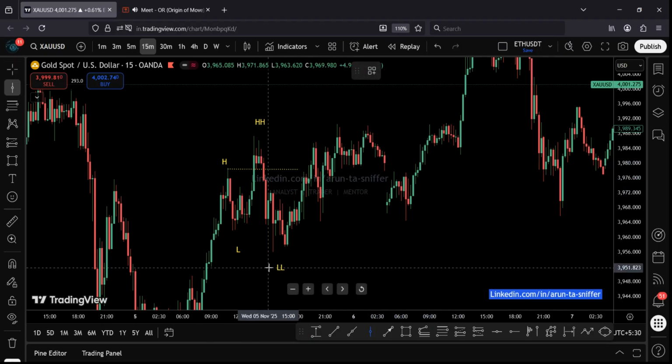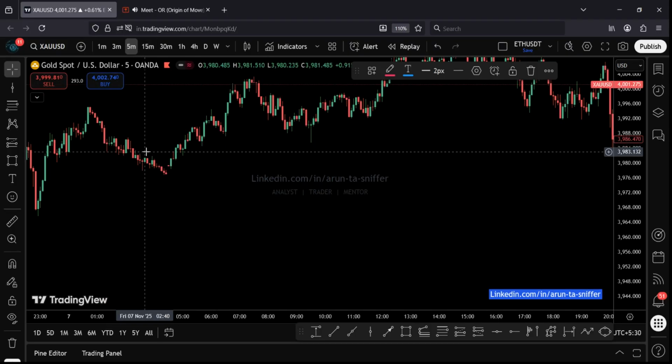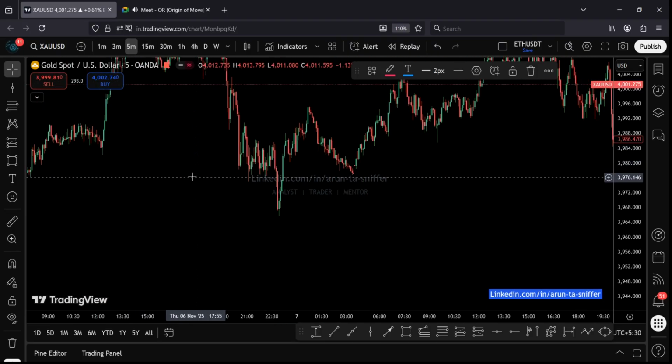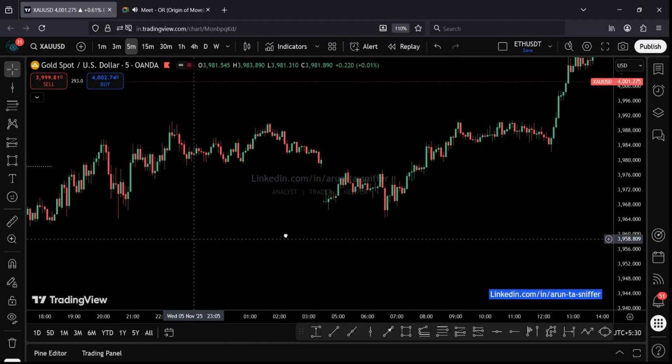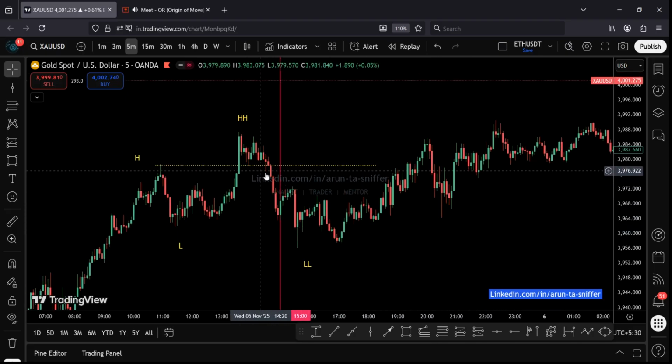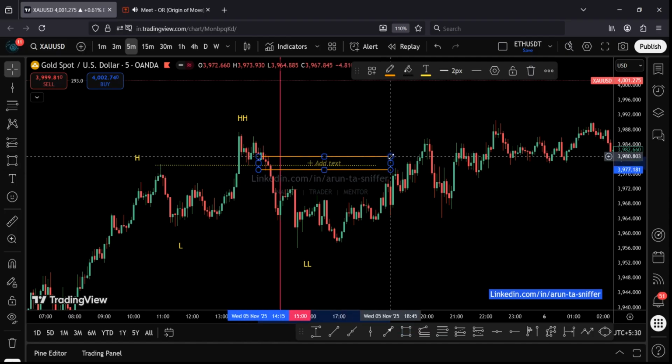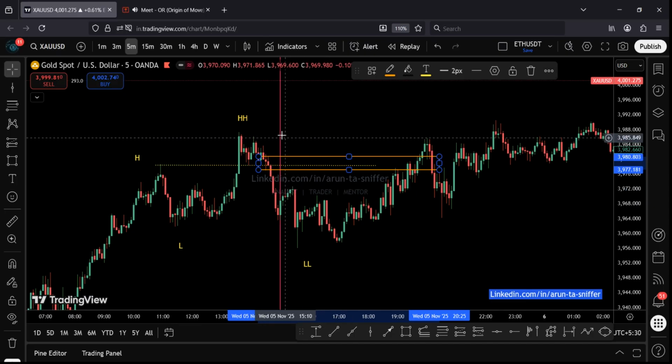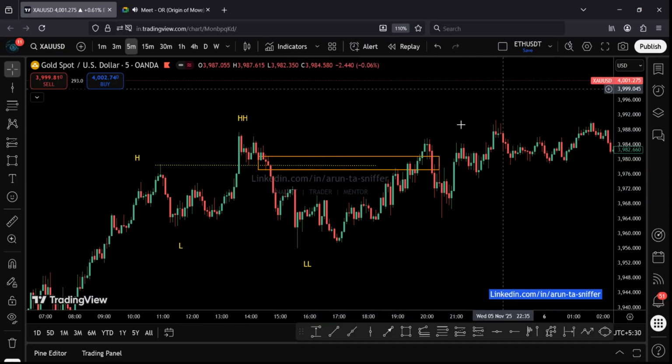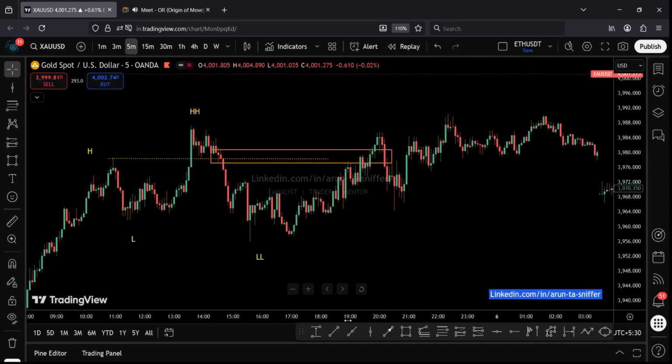So let's move to a lower time frame. Here, this is our QM level. I'm not writing this time: QM level, LSK, whatever you can say. So what happened?